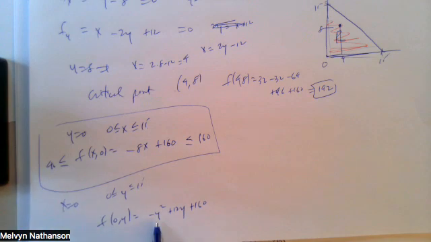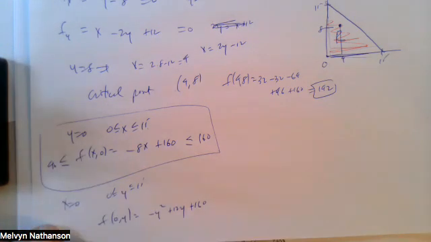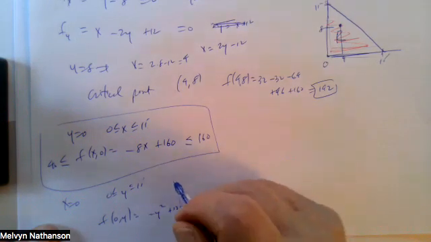So I want to find the maximum and the minimum value of this function for y between 0 and 15.